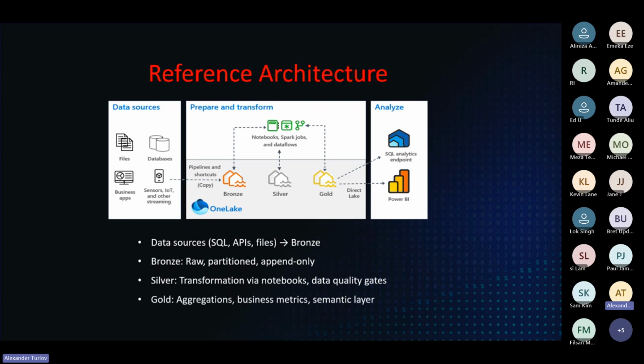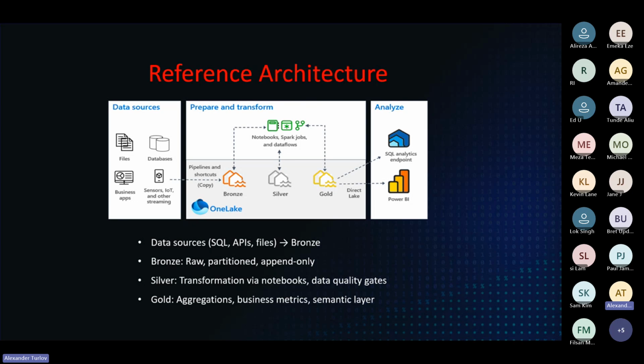And finally, when it comes to the gold, we transformed the silver data into dimensional models, which can be many. Gold doesn't have to be a single layer. I mean, the layer is the same, but the data sets can be many.